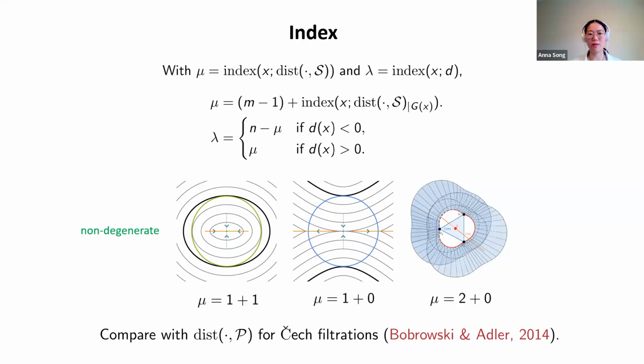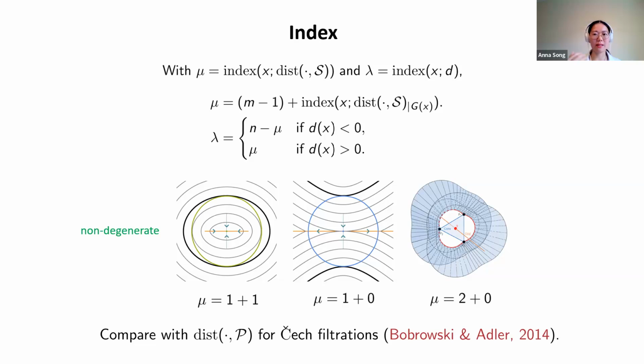The second term involved in the index is actually the index in the classical sense of the restriction. So on the left example, again, you have a local maximum when you restrict your distance function on the medial axis, and so it contributes the term 1. So this means that mu in total will equal 2.